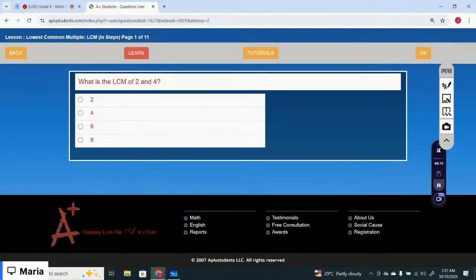What is the LCM of 2 and 4, the least common multiple of 2 and 4? So, which is the correct option?